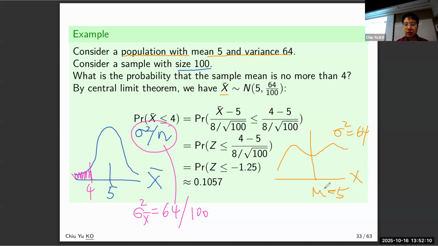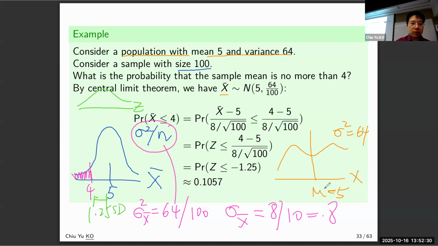Then the standard error is 8 over 10, which is 0.8. 0.8 means what? This is 1.25 SD.